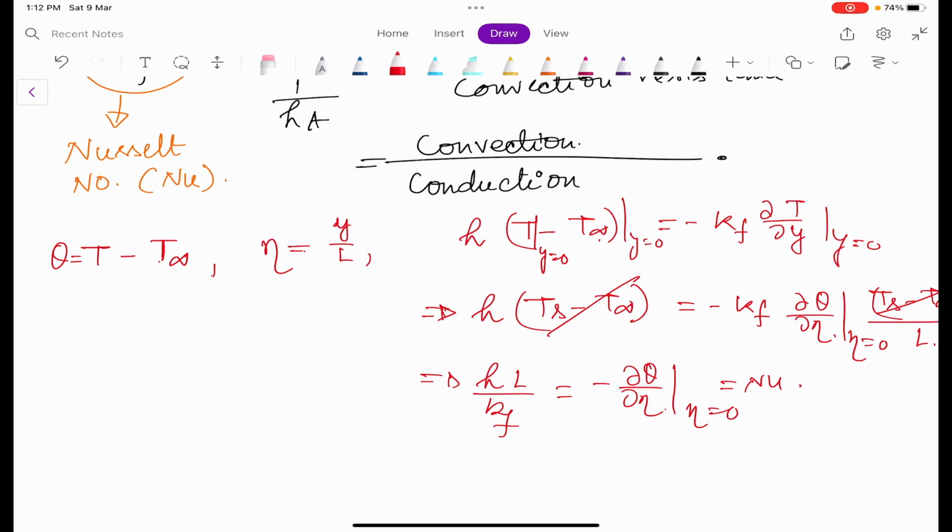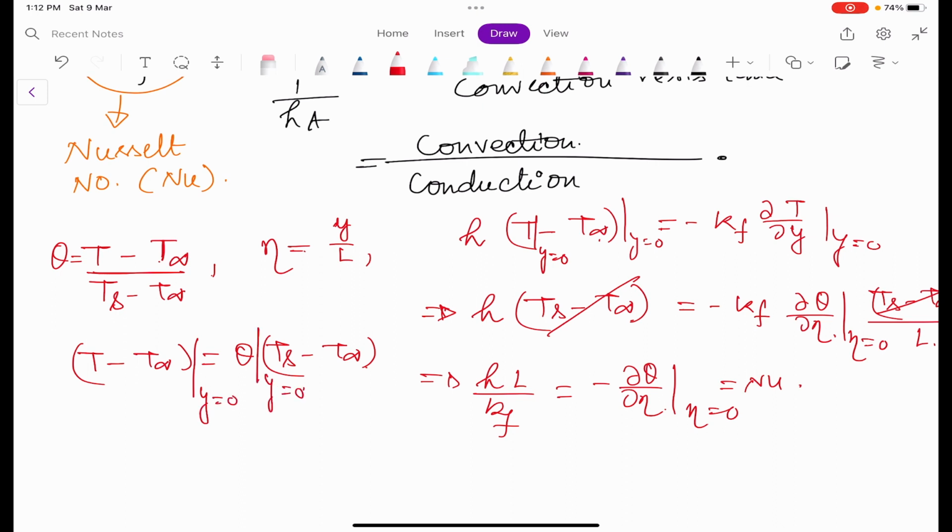Now I have made a mistake here also. This will be the non-dimensional form. So this is Ts minus T infinity, and I can write this as theta into this. At y equal to 0, this will be theta at y equal to 0, and theta at y equal to 0 is what?